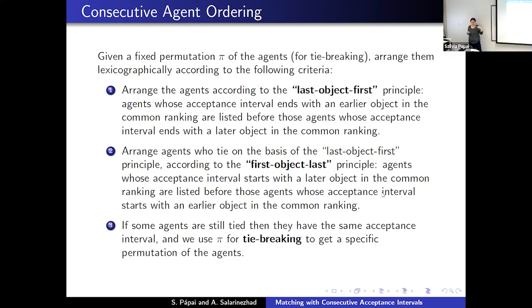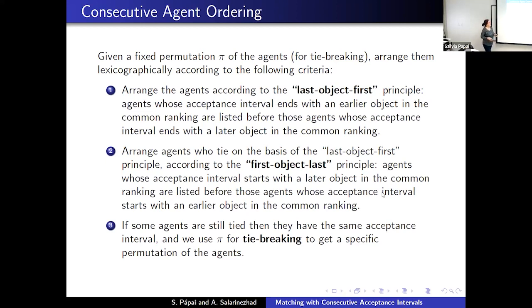First, we look at their last object according to the common ranking, and the agents whose last object comes first in the common ranking would be first in this agent ordering. So I call it last object first.